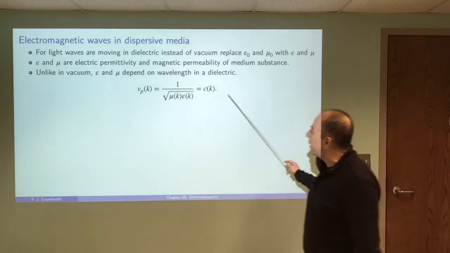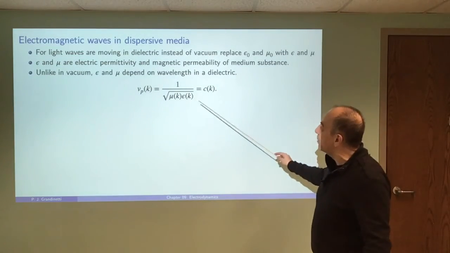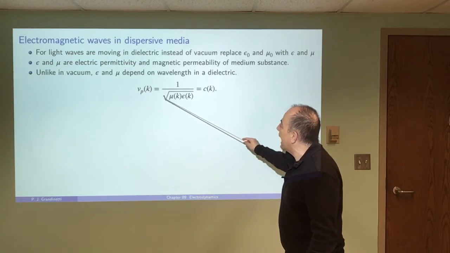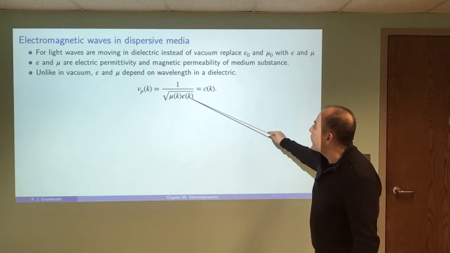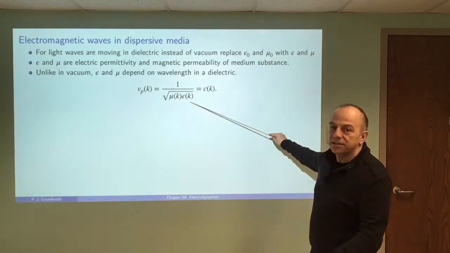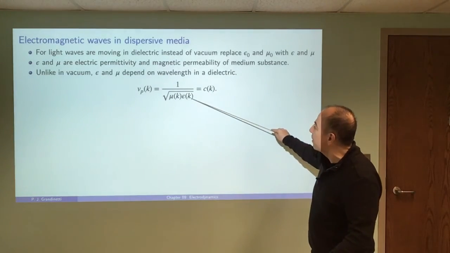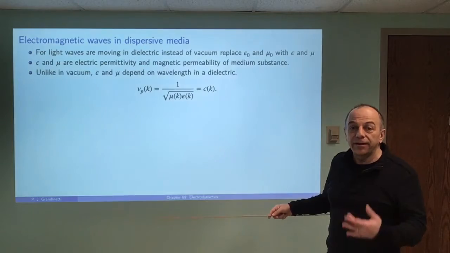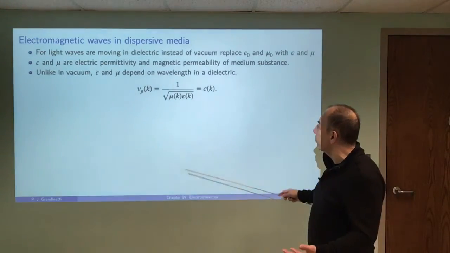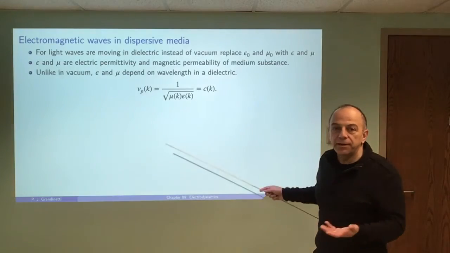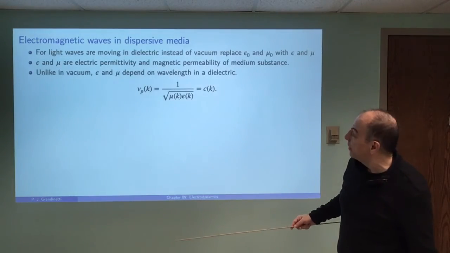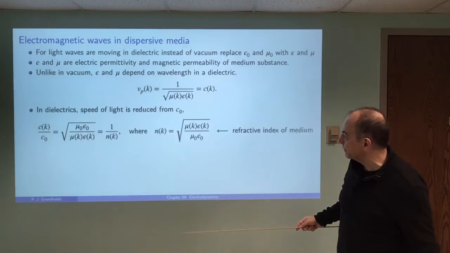When you do that, then what you find is that, unlike in the vacuum, you get a speed that's 1 over the square root of the product of those two constants, just like before, but now these constants will depend upon the wavelength of the light. So the speed of light in that medium will be dependent upon the wavelength of the light.